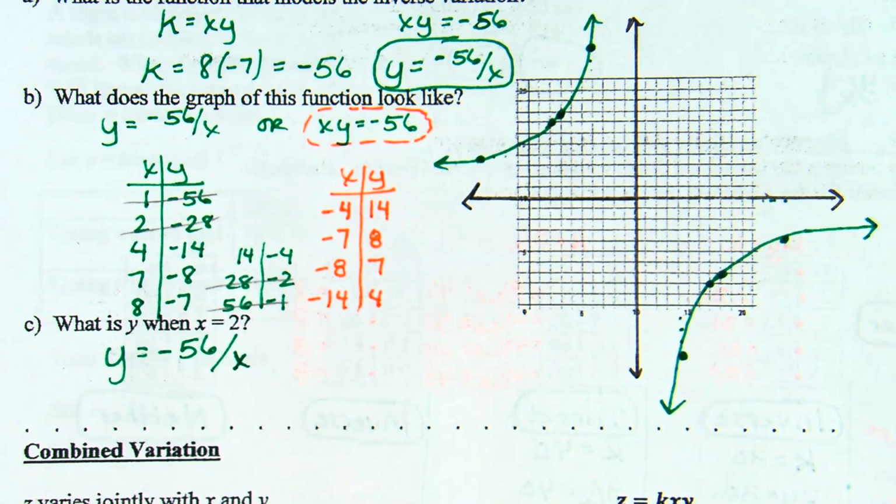And again, it could be either equation. So negative 56 divided by 2, which is negative 28. The one we did yesterday was not in our XY chart, so that wasn't really an option there. But this one is. Okay, everyone got it?